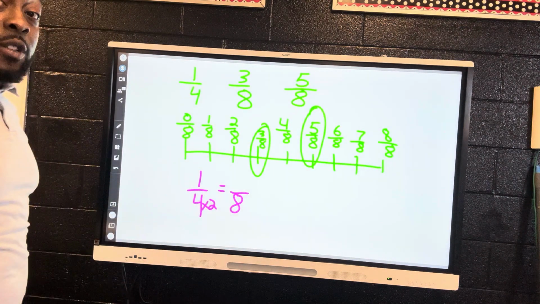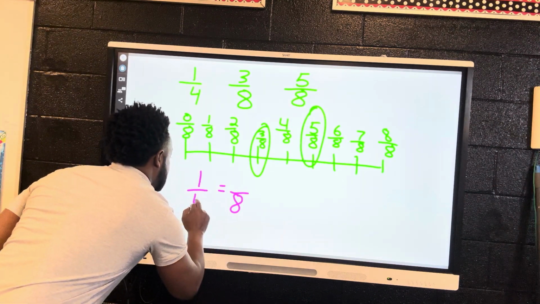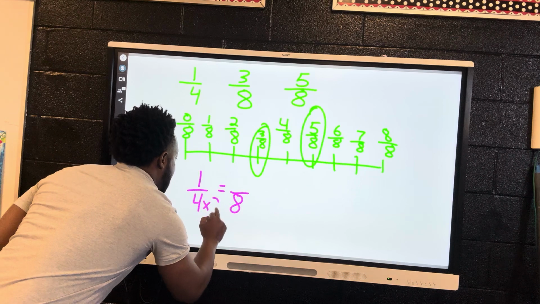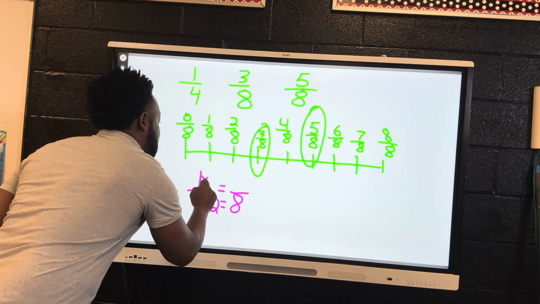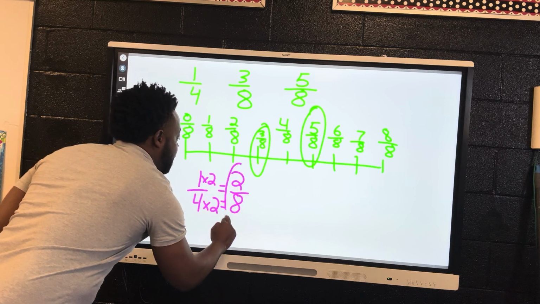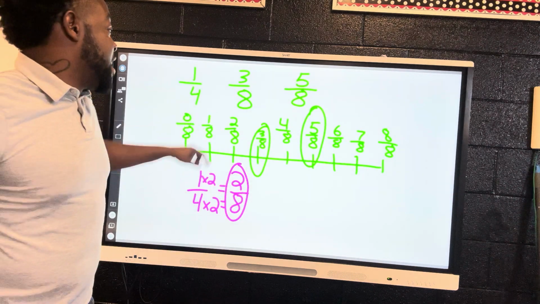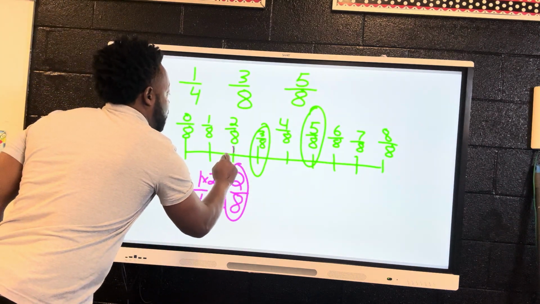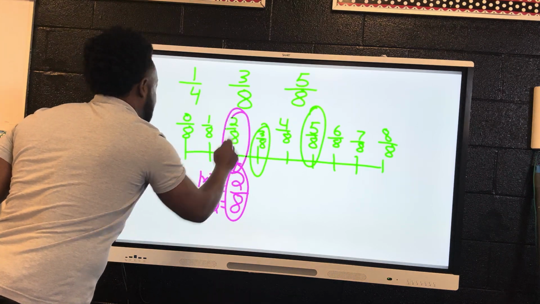So if I multiply by 2 at the bottom, I need to multiply by 2 at the top. And 1/4 equals 2/8. Now I know to put 1/4 right on this line.